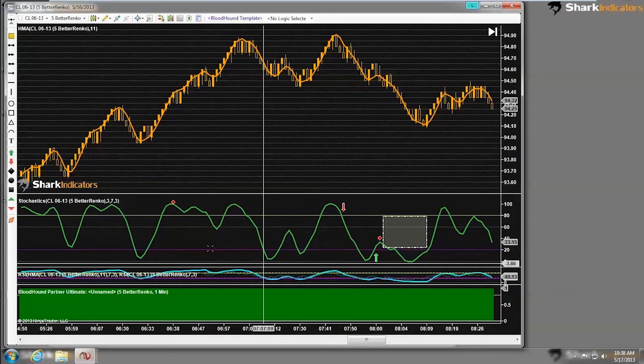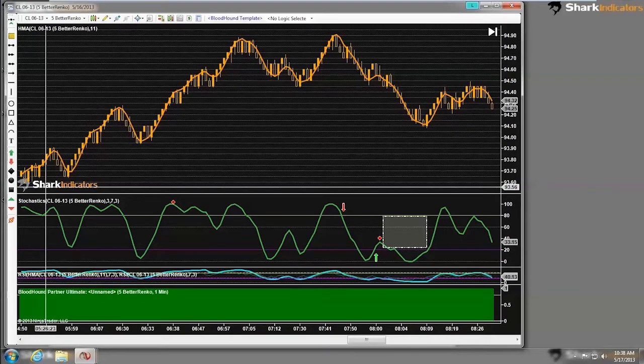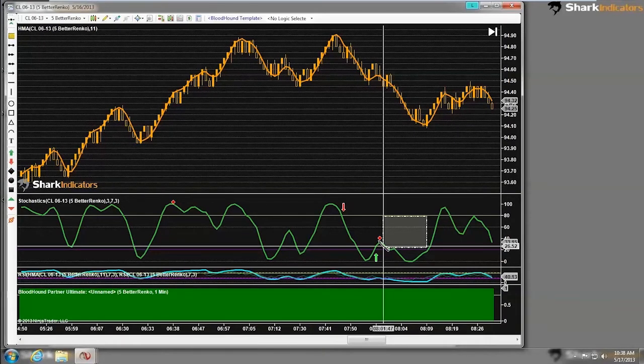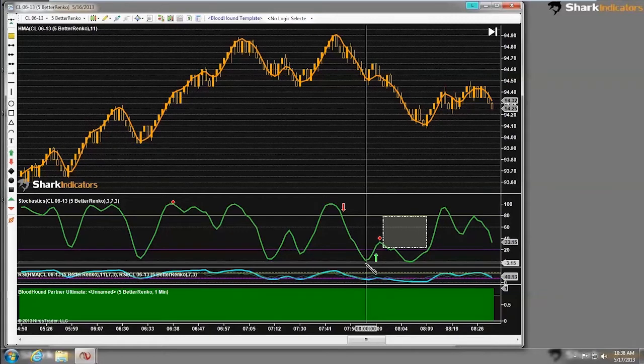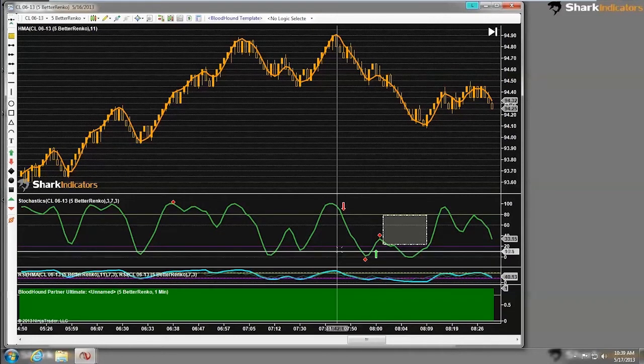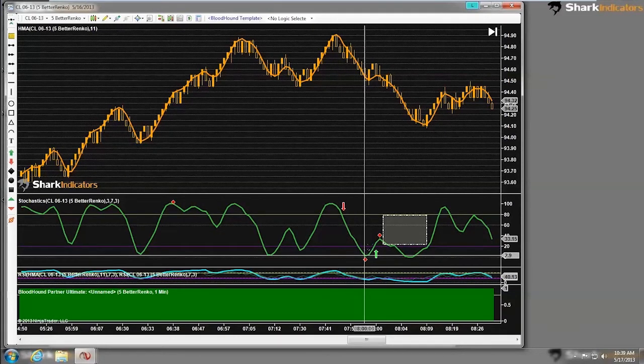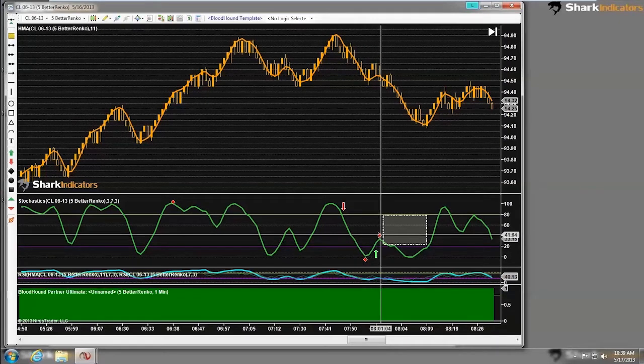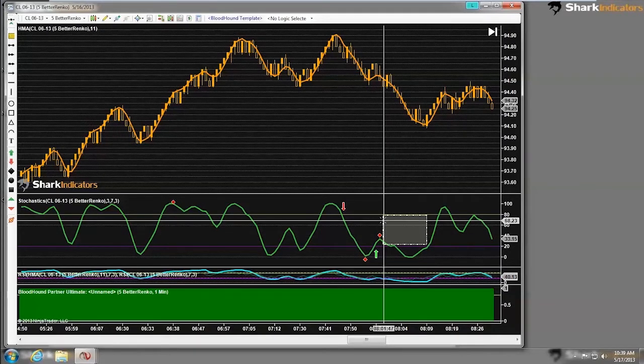And we wouldn't want the inflection solver to trigger right there either. That would be too soon. We only want to allow the reversal points to occur in our no man's land area.